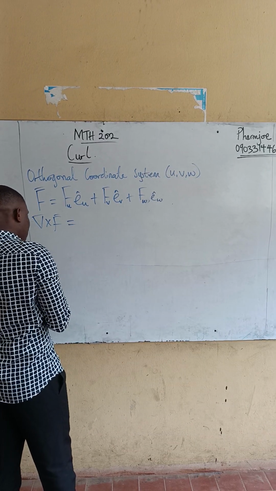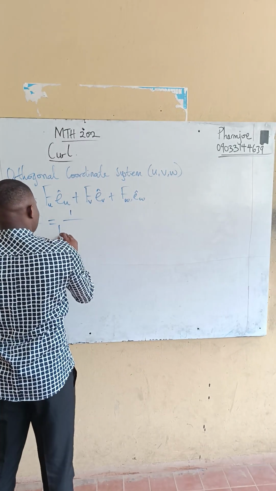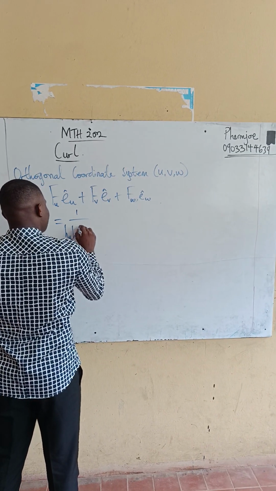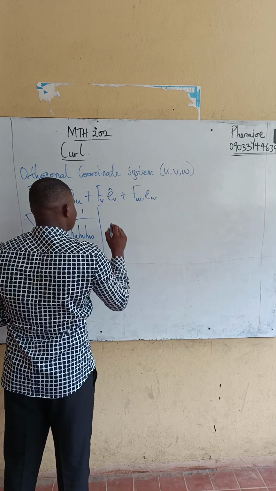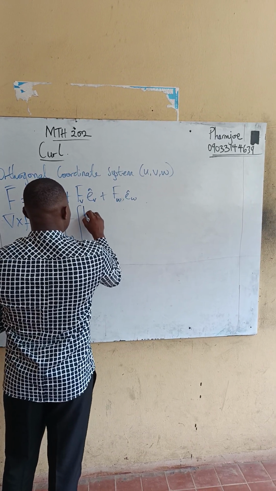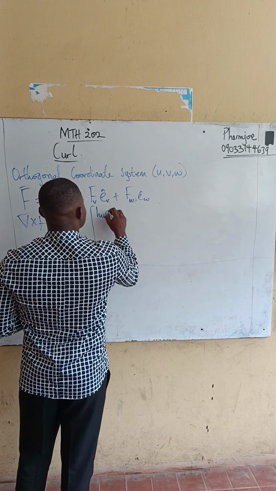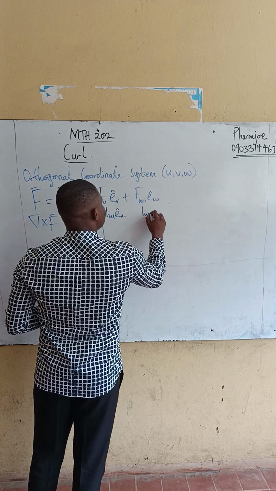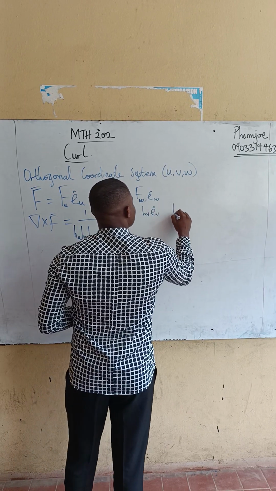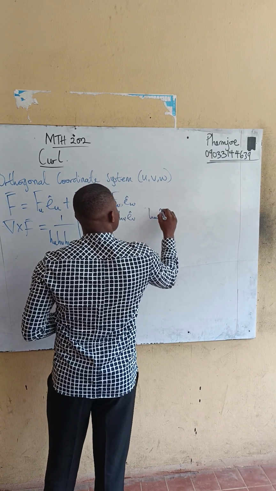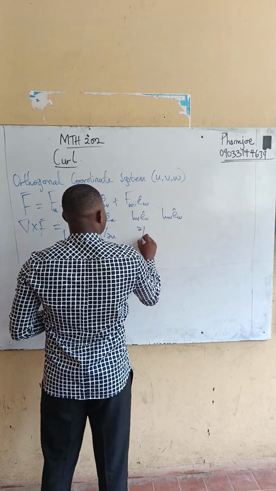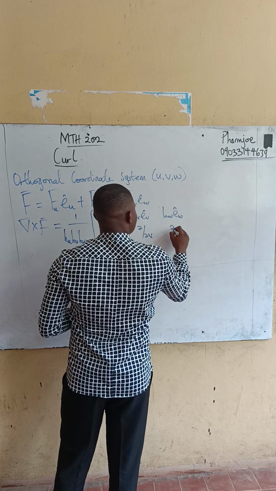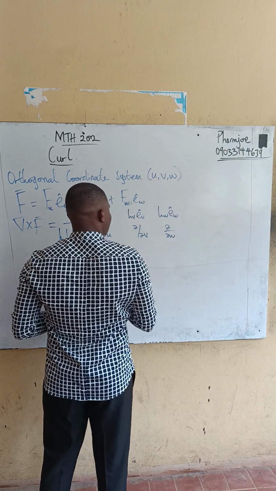Then the formula changes and I have 1 over hu, hv, hw. Then you have your hu, eu component, hv, ev component, hw, ew component. Then you have partial u, partial v, partial w.